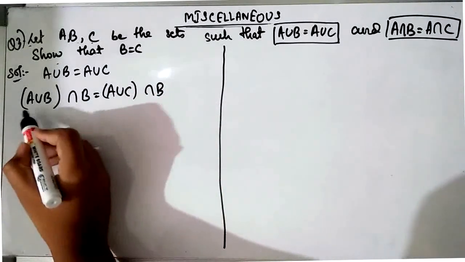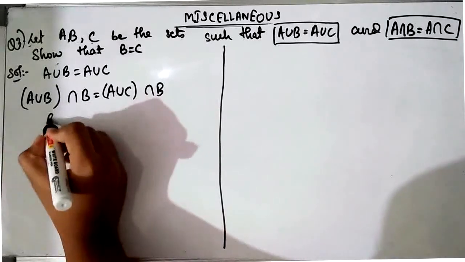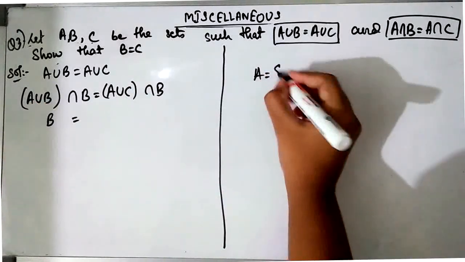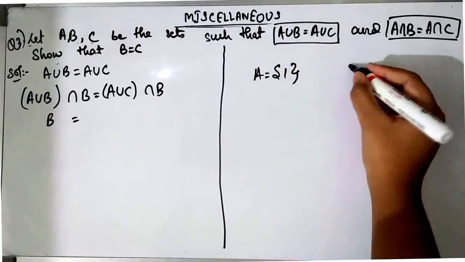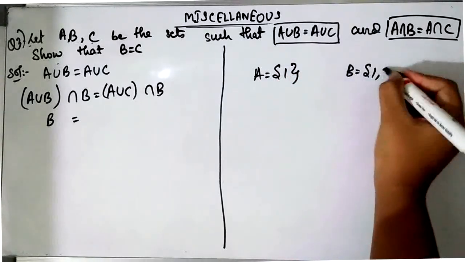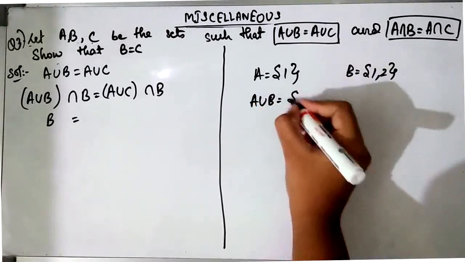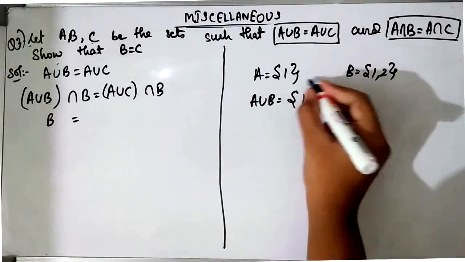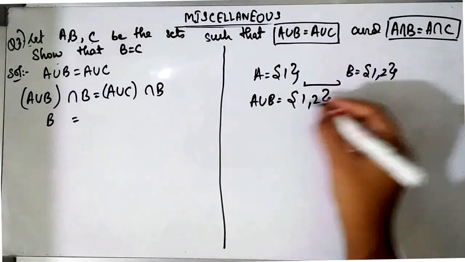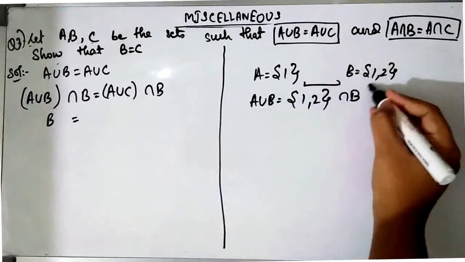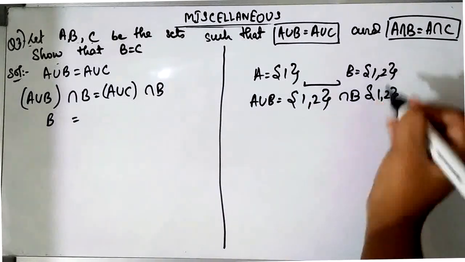Now when you do A union B intersection B, it will give you set B itself. Now I'll show you. Suppose A consists of 1 and B consists of 1, 2. Now when you do A union B, it will give you 1, 2. You do the union of both the sets, it will give you 1, 2. Now when you do A union B intersection B, that is 1, 2, this one.